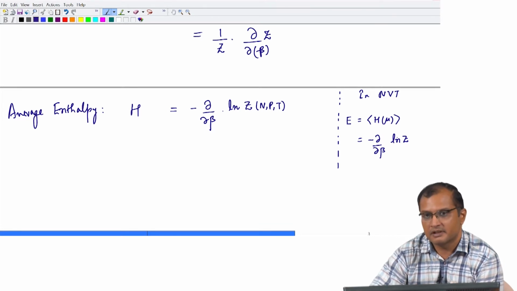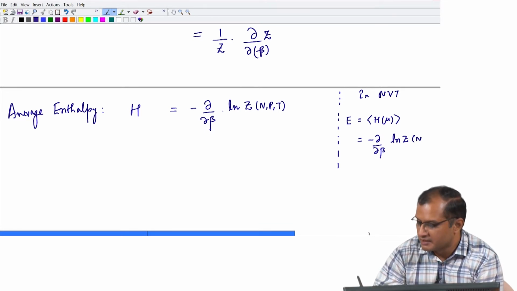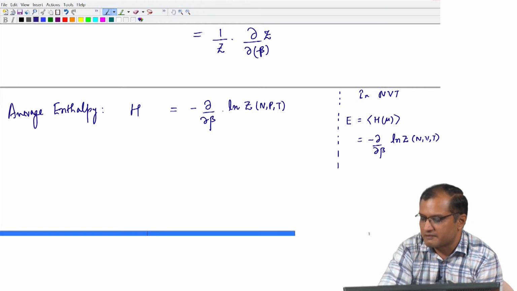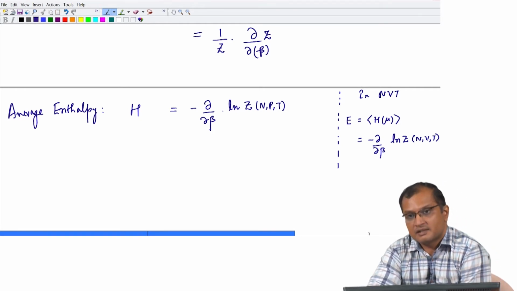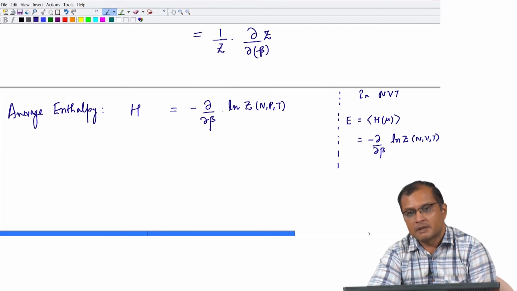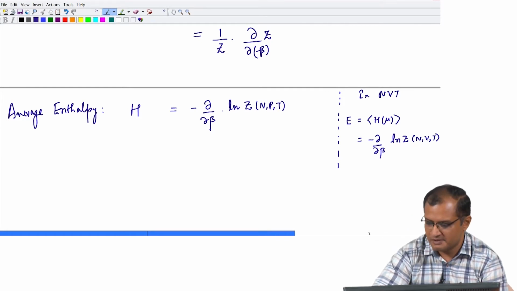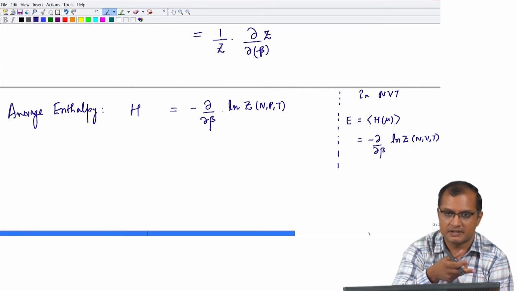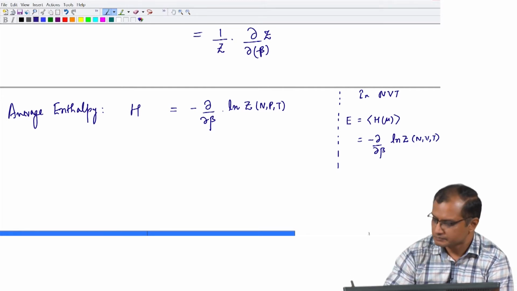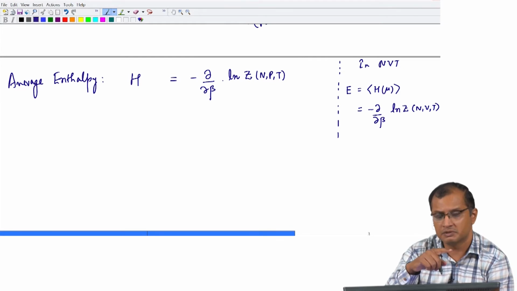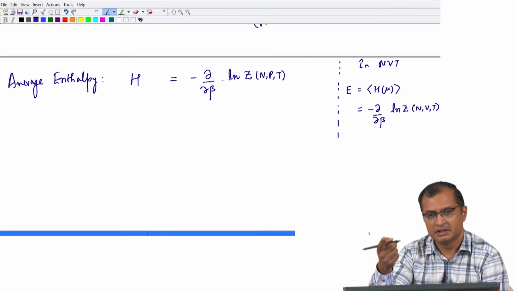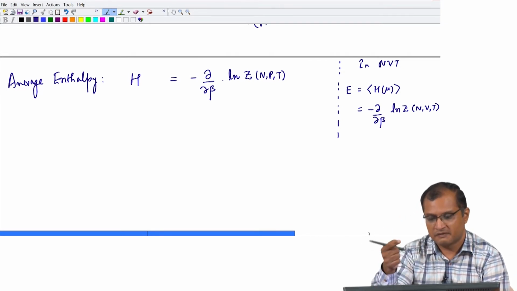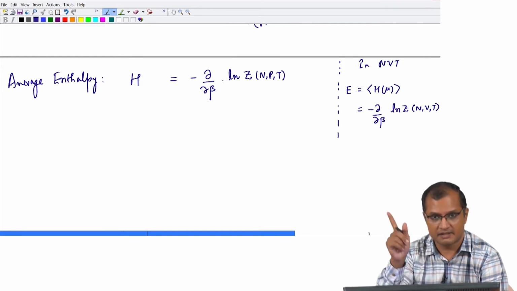It is the same relationship, but that Z was the canonical partition function, whereas the Z in the current problem is the Gibbs canonical partition function. So there are beautiful symmetries here: the relevant energy being the Hamiltonian, the relevant energy being the enthalpy, and its relationship with the partition function is symmetric, it is exactly the same.